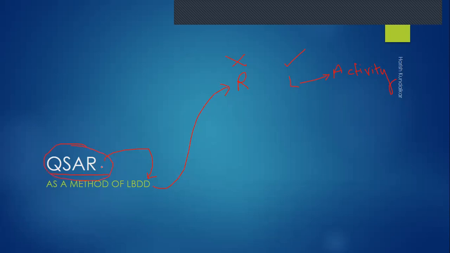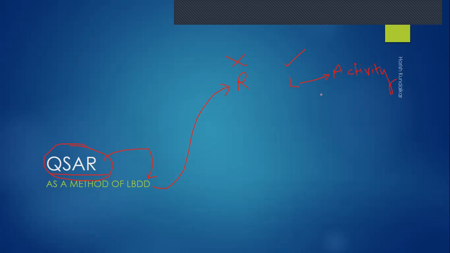QSAR is one of the most widely used methods of computer-aided drug design, next to docking, I think, and maybe alongside PBDD. And not just that, it is also an accurate method of predicting the binding affinities or whatever activity we have.